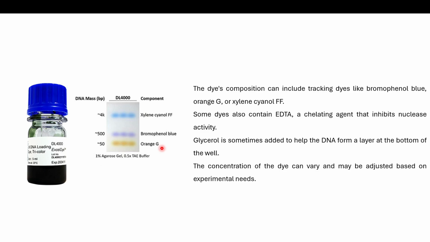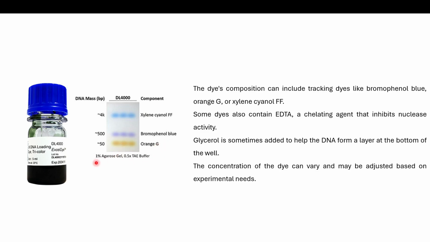One more thing, when we talk about the tracking dyes: the speed of the tracking dyes will vary depending on the percentage of the gel, whether it's PAGE, polyacrylamide gel electrophoresis, or agarose gel. It depends on the percentage.